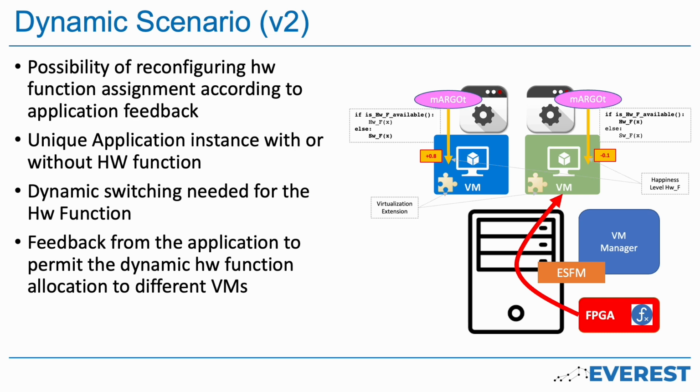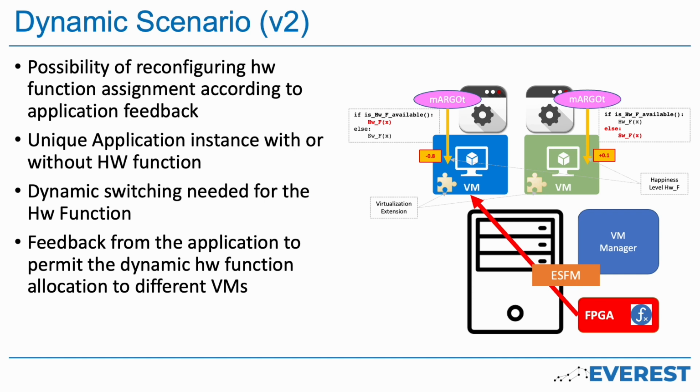In this example, the happiness value notified from the application running on the blue virtual machine increased a lot, meaning that there is a strong request in using the FPGA acceleration. The virtual machine manager then changes again the hardware function allocation to reflect the happiness value.